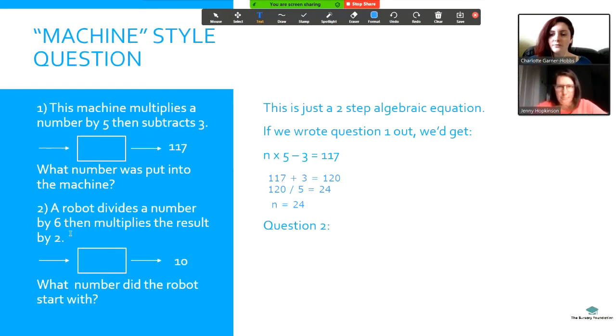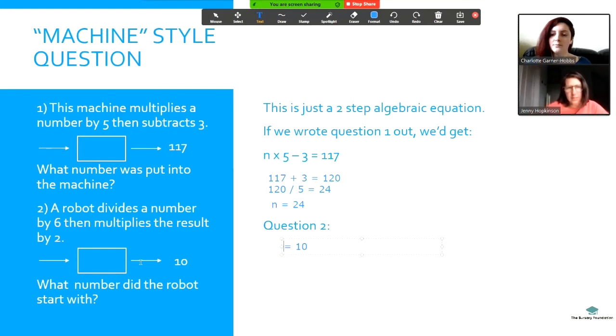So question 2 then. A robot divides a number by 6, then multiplies the result by 2, and 10 comes out. What number did the robot start with? So we're going to have to divide by 2 to start with.